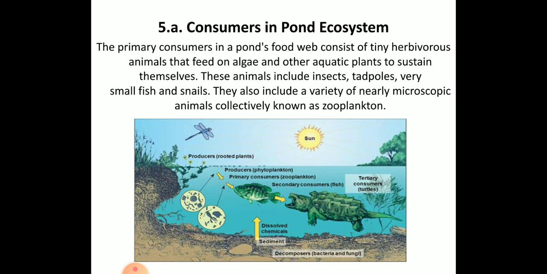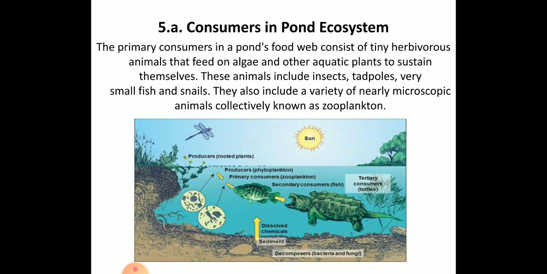Next, consumers in a pond ecosystem. Whenever you are studying an ecosystem, obviously there will be primary consumers, secondary consumers and tertiary consumers, along with the producers and decomposers. In this pond ecosystem, as you can see in this diagram, primary consumers will be the small insects which feed on the producers, like green plants or phytoplankton.